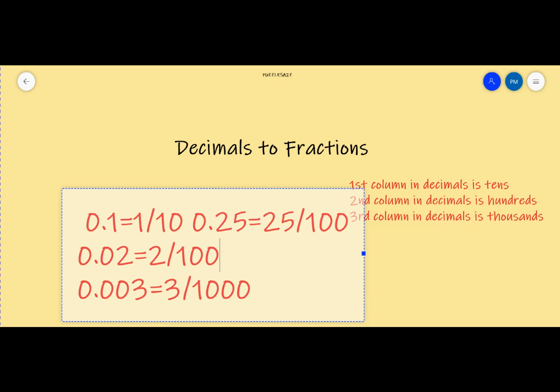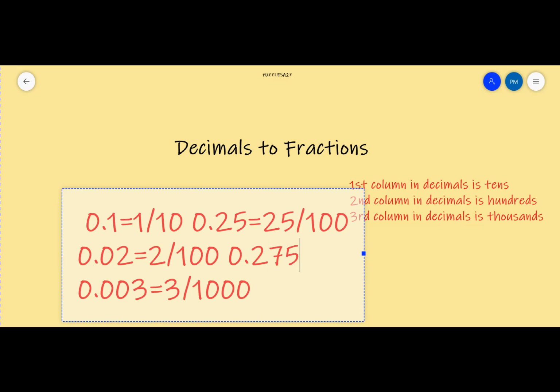Not quite yet. So let's look at another decimal. 0.5. Again, a common decimal. So let's change that. Let's make it complicated. 0.275.